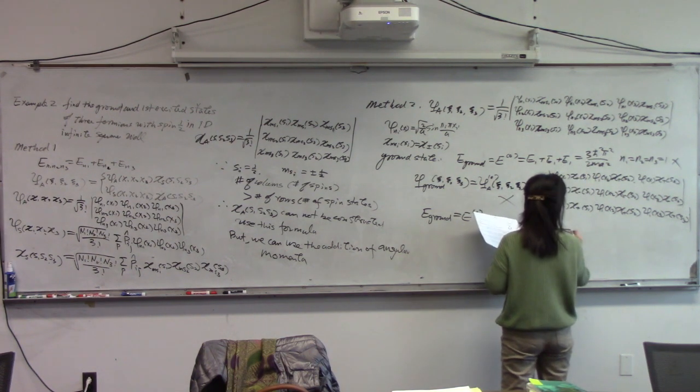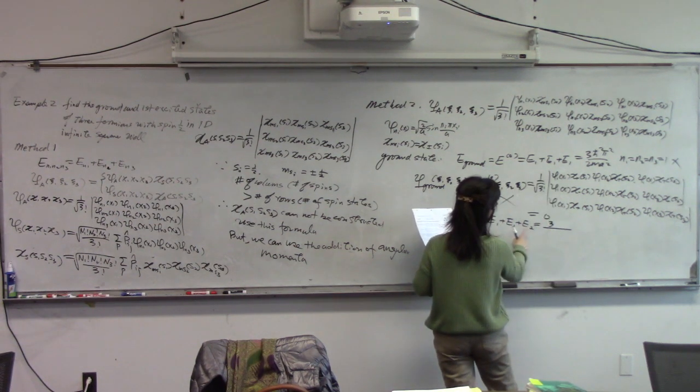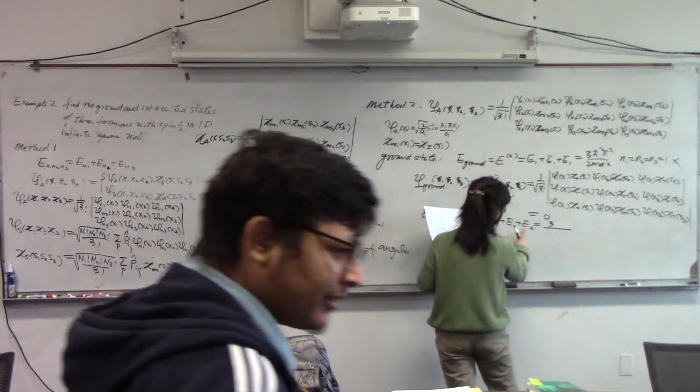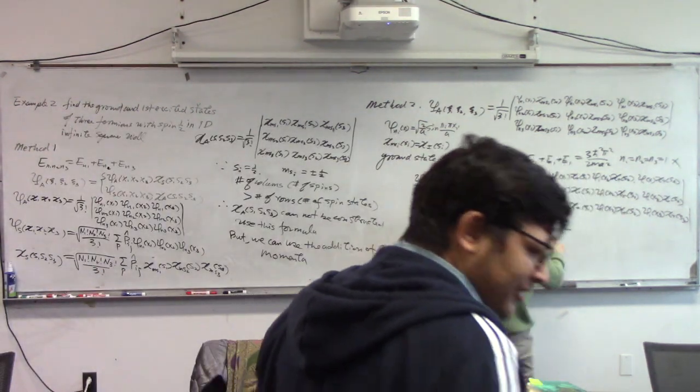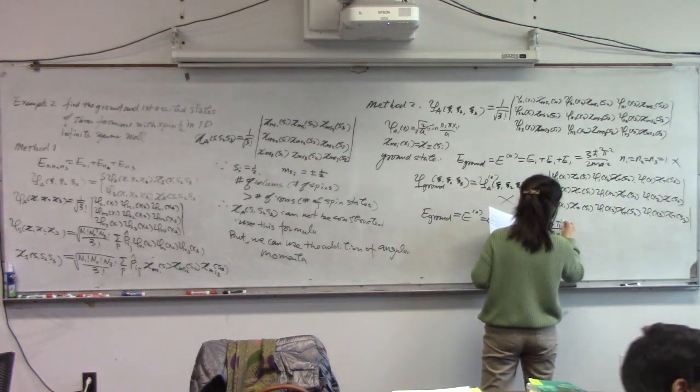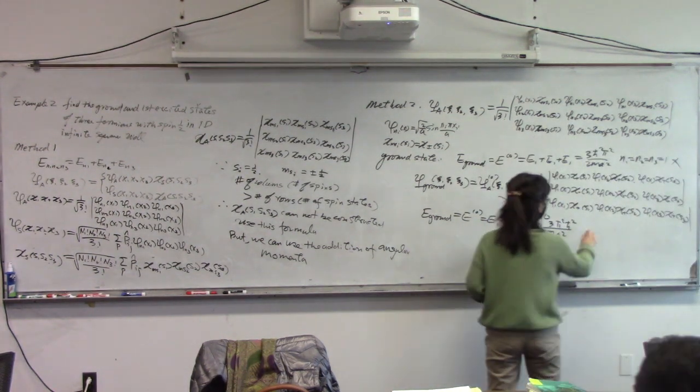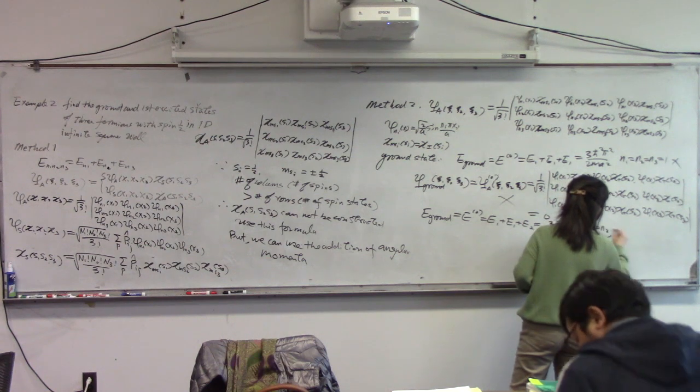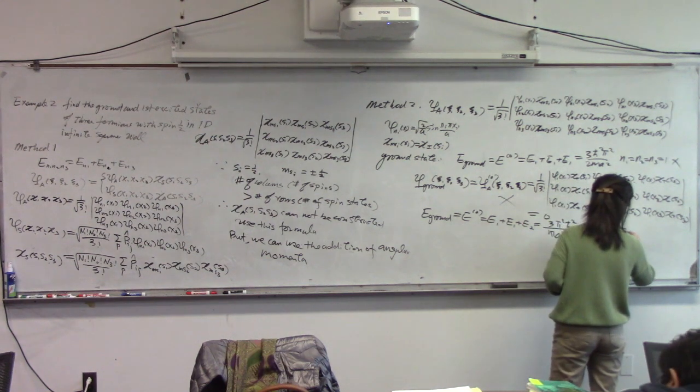Here 1 plus 2 is 4, right? 6. 6 and over, so this factor 2 disappears, right? Okay, so N1 equal to N2 equal to 1 and N3 equal to 2.